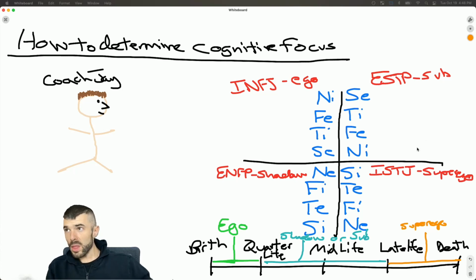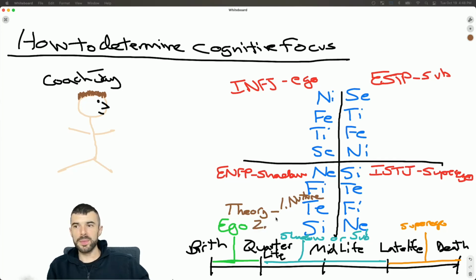Now, there are two theories as to what's actually happening with that. Theory one is nurture, and I don't know why I'm writing in here, but I'm pragmatic, so I can, right? Theory one is nurture is causing this to happen, or theory two, it's nature, and it's nature in two different ways.